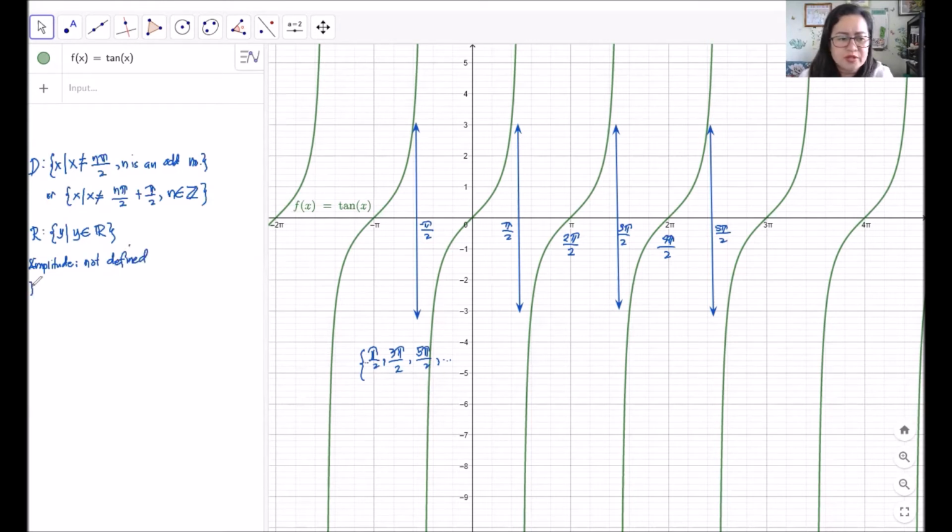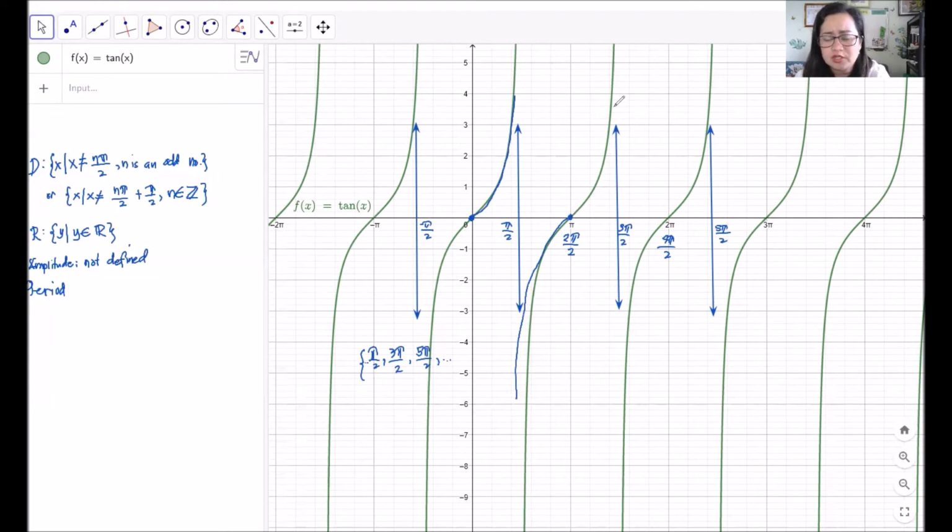Now for the period, let's trace what will be the horizontal distance at which we can have one complete cycle. Let's choose this point. So we have 0, then we trace the graph upward, then we have here going down. Now I'll stop here.